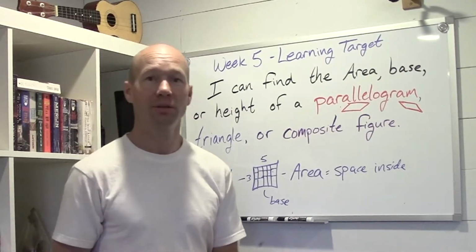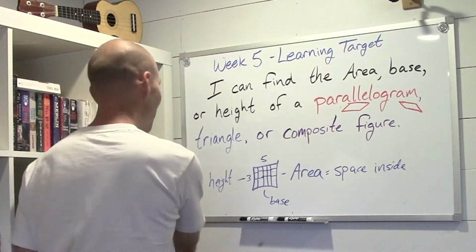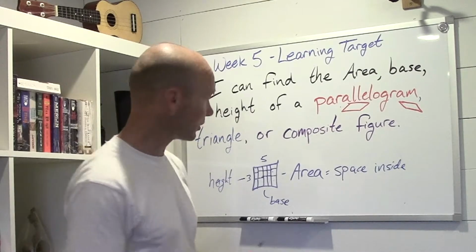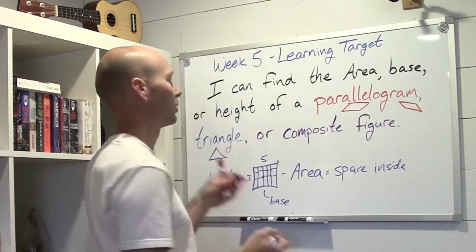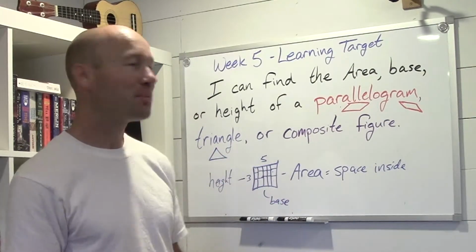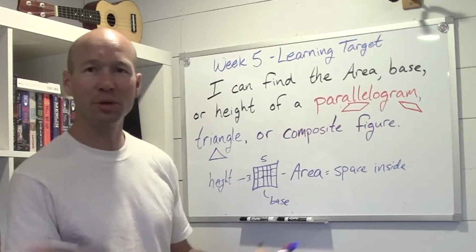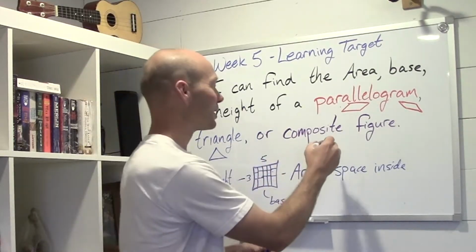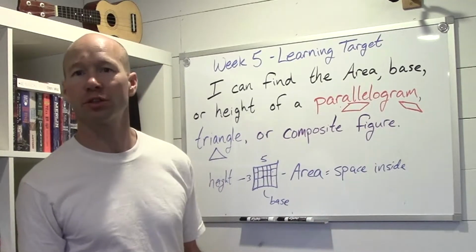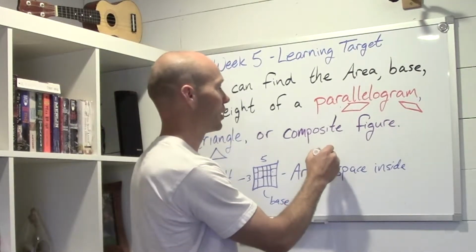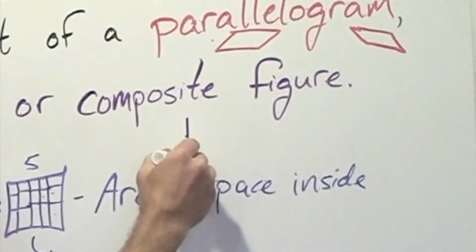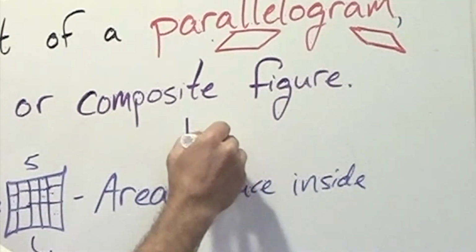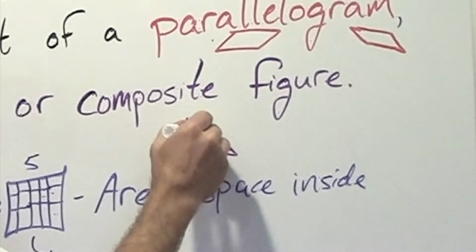A triangle. You guys remember triangles? Triangle has 3 sides. Okay? And a composite figure. That's a big one. Composite figure is a figure that is made up of multiple figures. So if I have kind of a shape like this, going over here, and going this way, then up right here.